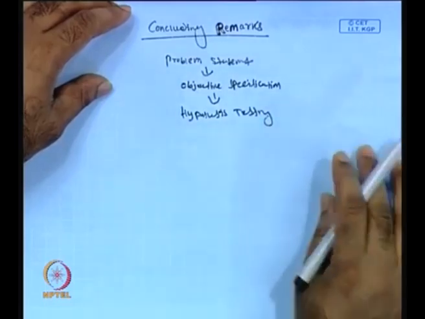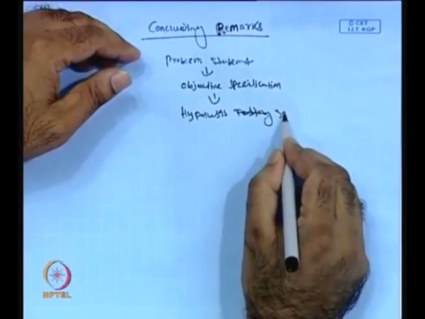Once you know the problem statement, we form objectives with respect to the particular problem, and corresponding to those objectives we set the hypothesis. The agenda of a hypothesis is just to investigate. A hypothesis is a statement which is not verified, which we would like to verify. It is usually handled through the null hypothesis and the alternative hypothesis, which we discussed long back.